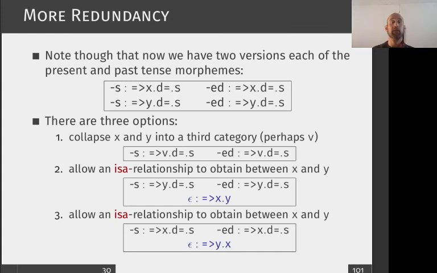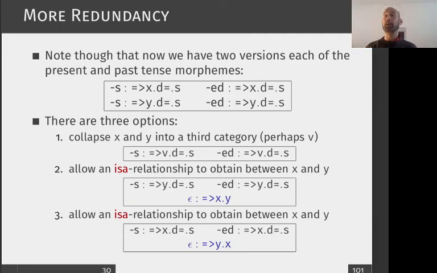Okay? So we have two copies of what intuitively should be the same morphemes. Copy is a little extreme because these aren't actually copies. Say the dash S, the present tense S, there are two versions of it. One where its first feature is the head moving selection feature for X, and the other one where its first feature is the head moving selection feature for Y. Other than that, the feature bundles are the same.